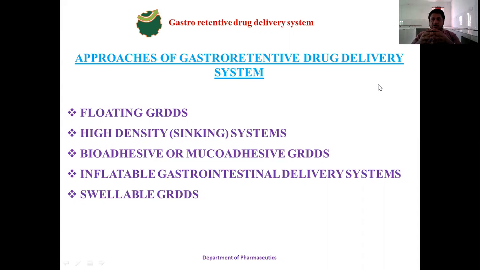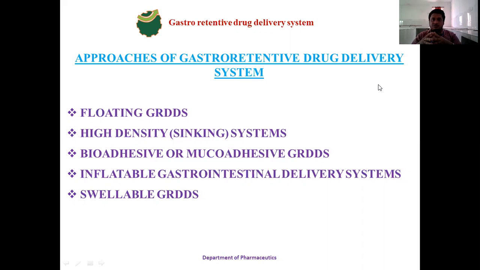Here the drug will release from its dosage form in the stomach. So it is a site-specific drug delivery system, mainly in the stomach, and it is a part of a controlled release drug delivery system.